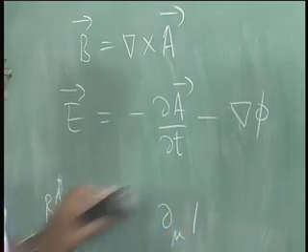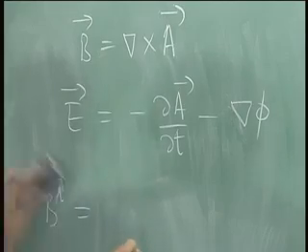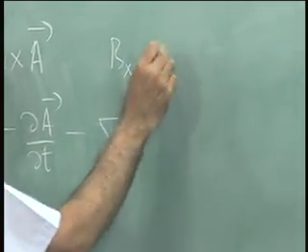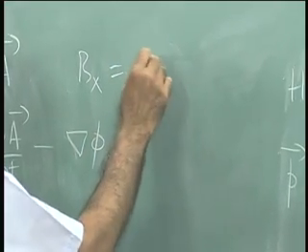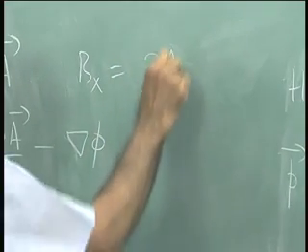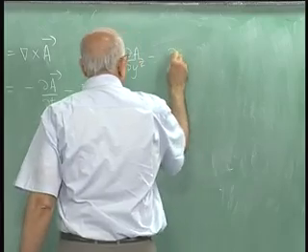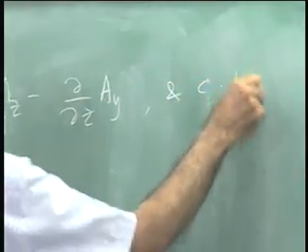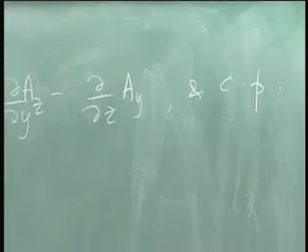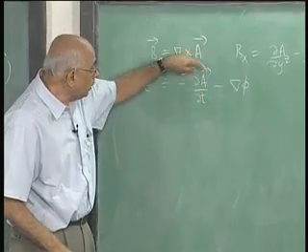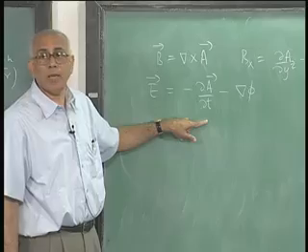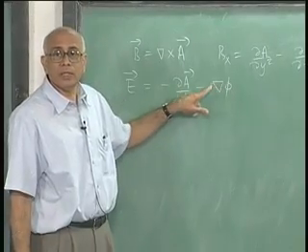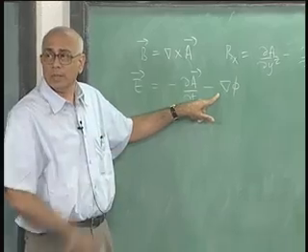Well, we write this out explicitly, so Bx equal to delta over delta y Az minus delta over delta z Ay and cyclic permutations, and similarly Ex has a space component of A differentiated with respect to a time component of x mu, and then the time component of A differentiated with the space component of the del operator.